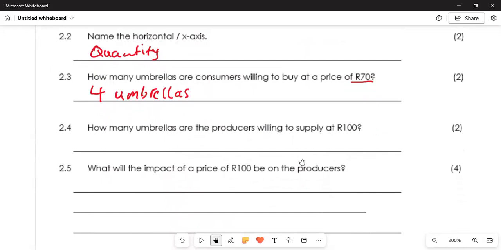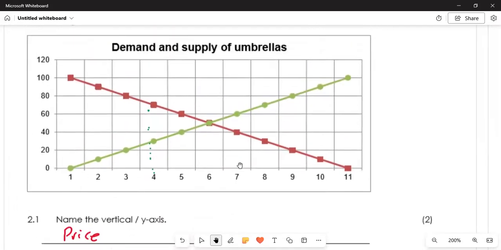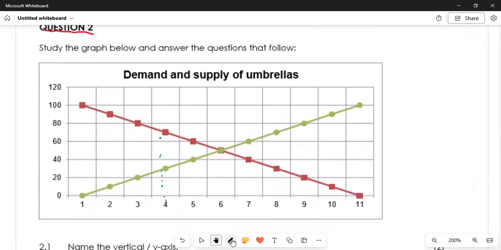How many umbrellas are producers willing to supply at 100? So we go straight to our graph, and we can see that at 100, we are going to produce how many? 11. How many umbrellas are producers willing to supply? They are going to supply 11.